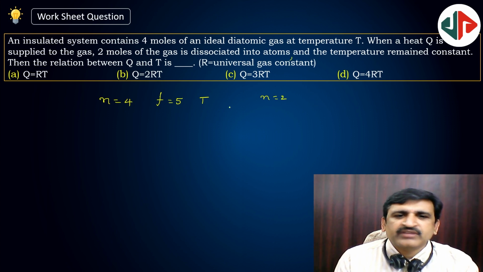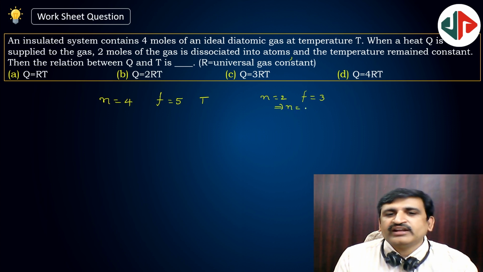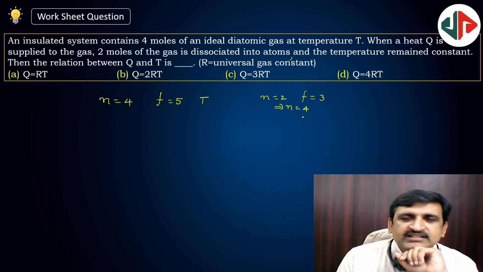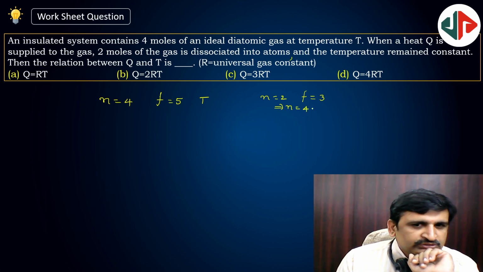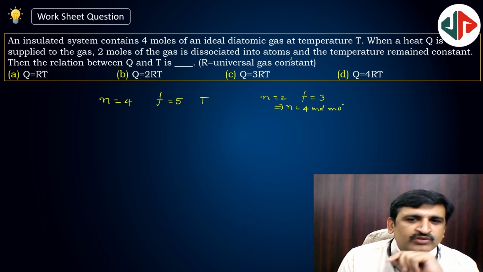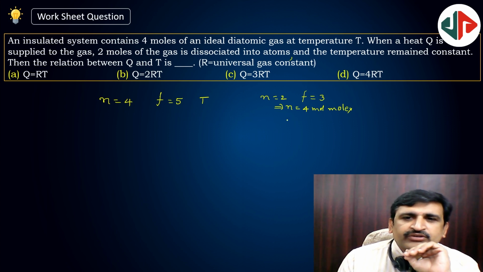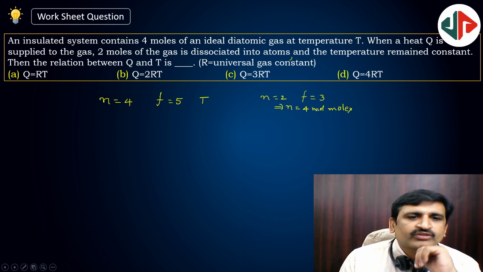That means diatomic will become monoatomic, then the degree of freedom will become 3. And the number of moles of monoatomic will be 4, because 2 moles dissociate, giving 4 moles, and the remaining 2 moles of diatomic will be left. Temperature is constant. Then the relation between Q and T is asked.